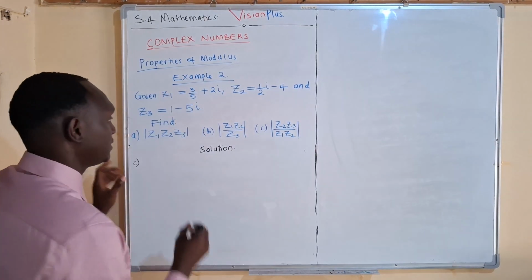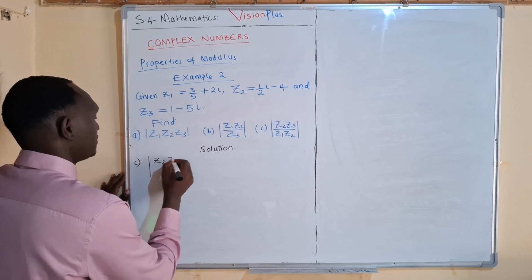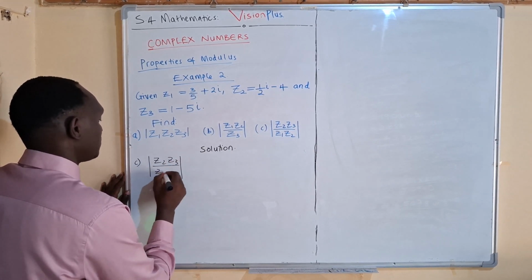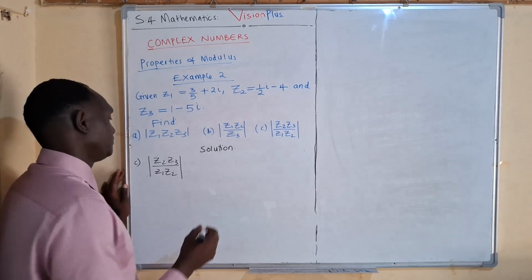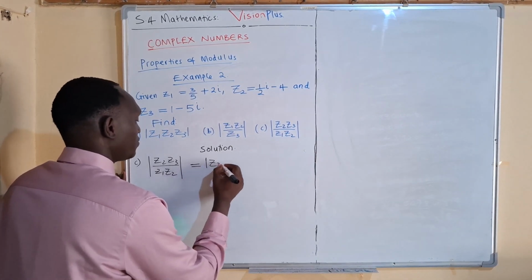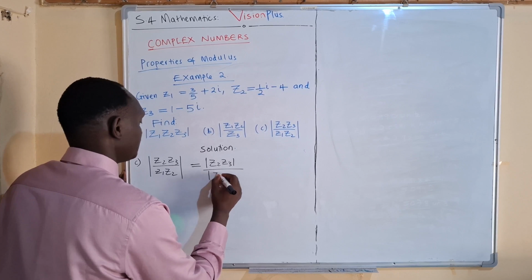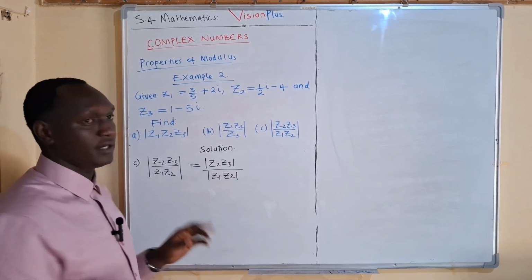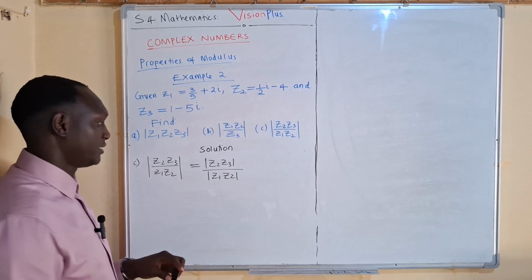And then going to part C. Part C says that we are finding the magnitude of Z2, Z3 out of Z1, Z2. This is the same as the magnitude of Z2, Z3 over the magnitude of Z1, Z2. You have applied the property of division of modulus.